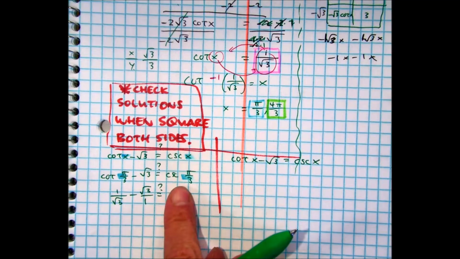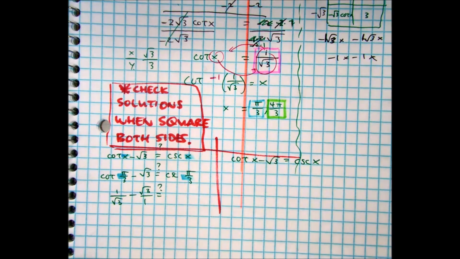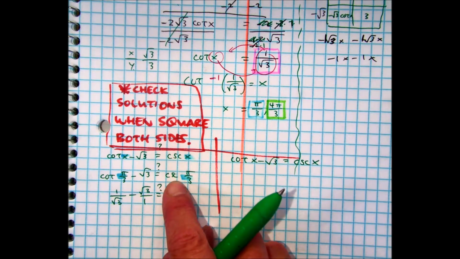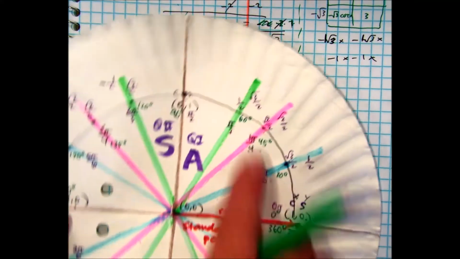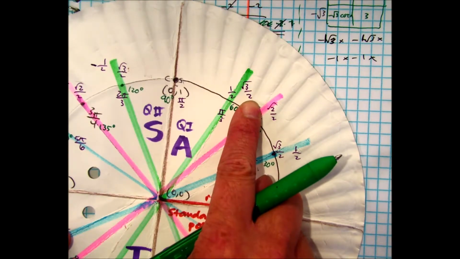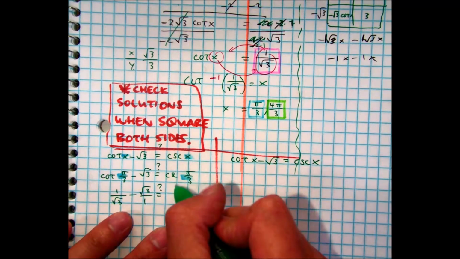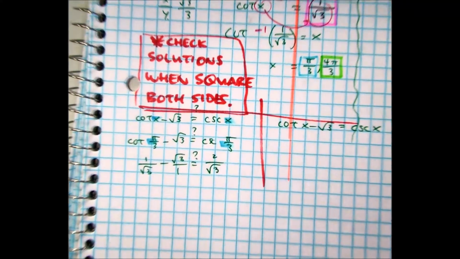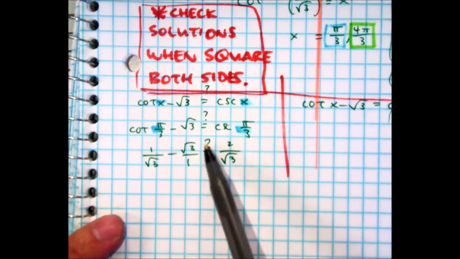At the same location, I'm going to find cosecant. Cosecant is which two letters? It's the reciprocal of sine. Would you agree? So if I find sine at pi over 3, all I have to do is take the reciprocal, which is 2 over radical 3. Now I'm going to simplify these and see if it's equal or not.